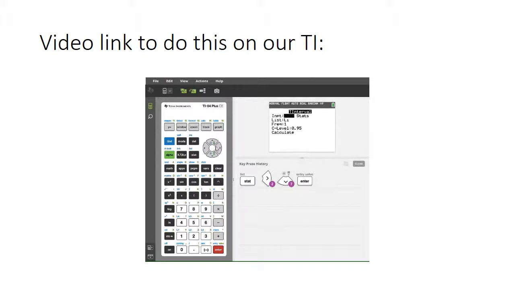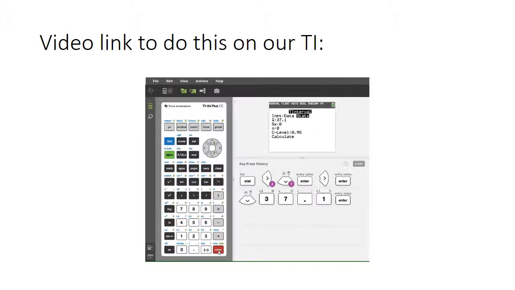We're not doing that, so we arrow over, hit enter on stats to switch to stats, and now we arrow down. For our problem, we are given a sample mean x bar of 37.1.